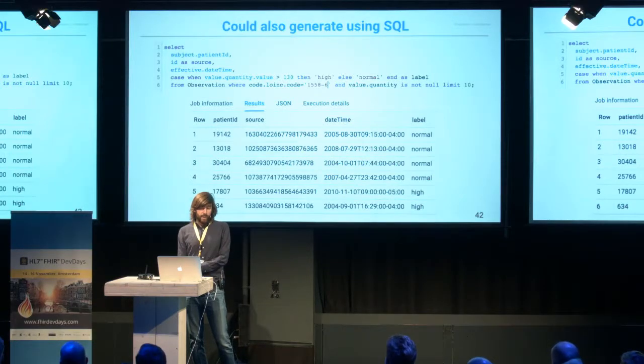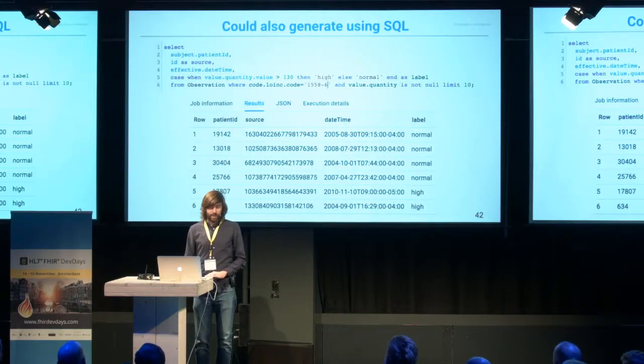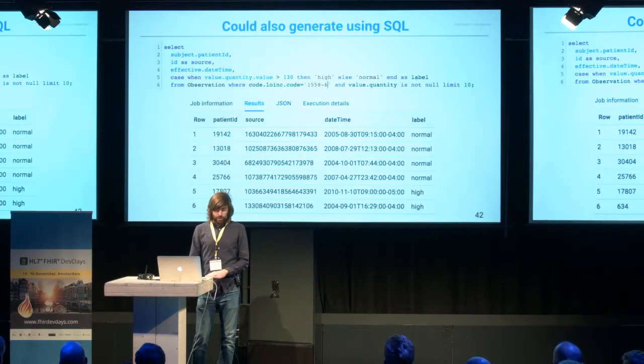Here, for example, we might say that if the fasting glucose, which that LOINC code corresponds to, is greater than 130, then we say high; otherwise, normal. Obviously, a lot of people here will probably have comments about that specific label definition. But that's the thing about label definitions: it depends on what you're trying to do, and it's tricky to get completely right.